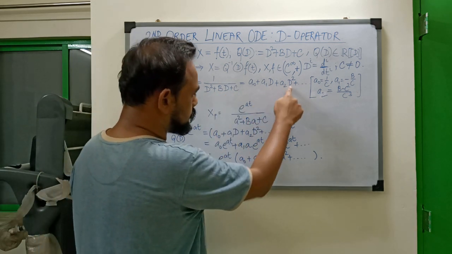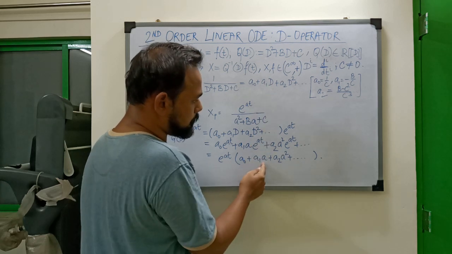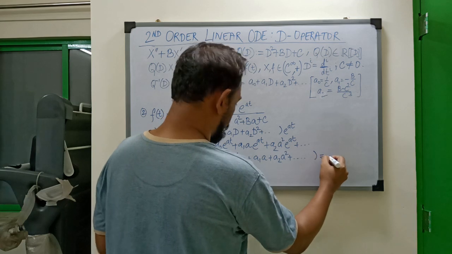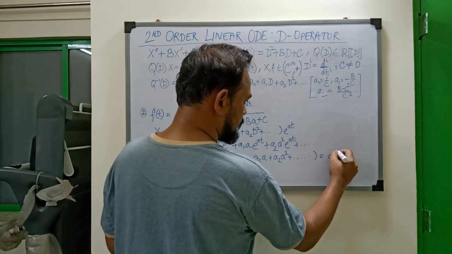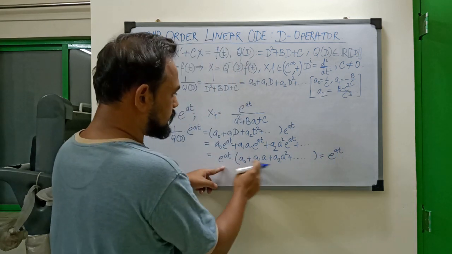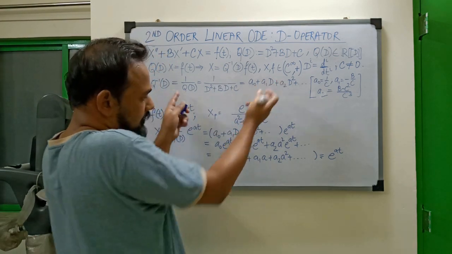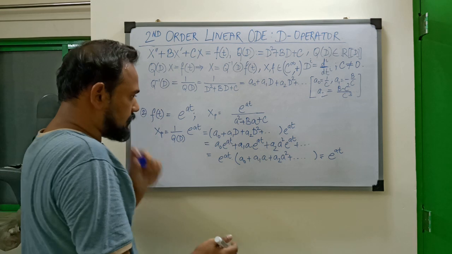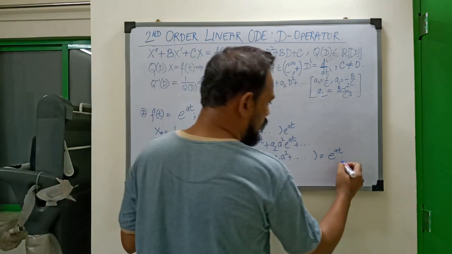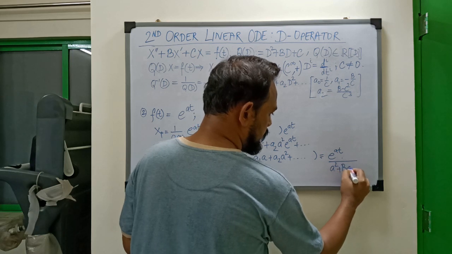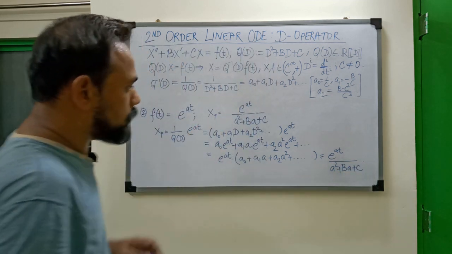When d is replaced by a, d square is replaced by a square, so this e to the power at is as it is, but this is 1 over just d replaced by a, because that's how we got it from Taylor's theorem. This is the Taylor's expansion of 1 over a square plus ba plus c.